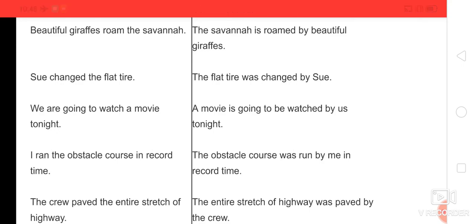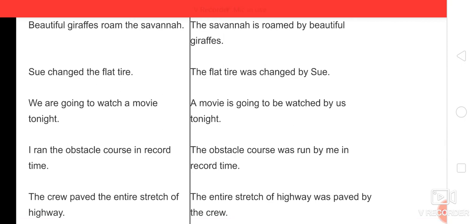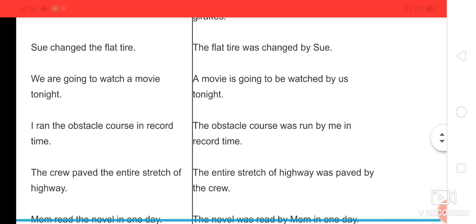Okay, we is a subject here, right? And then going to watch, right? So it gives us an idea about the main verb plus helping verb. So the sentence that you get converted into passive voice will be, a movie is going to be watched by us tonight, right? Yes.